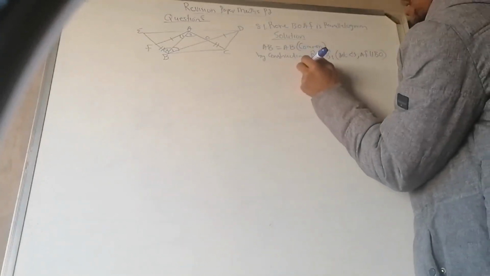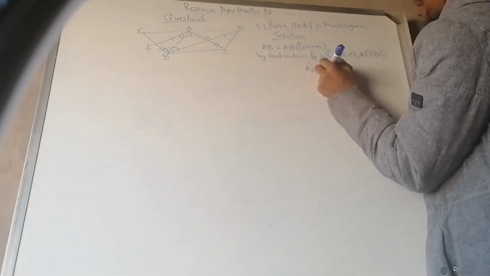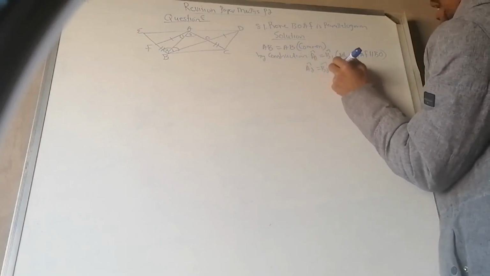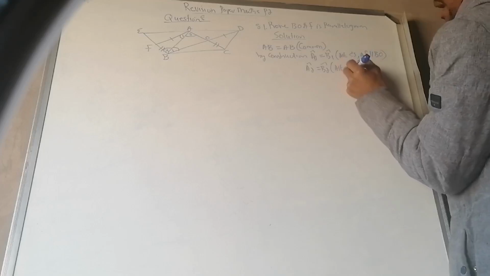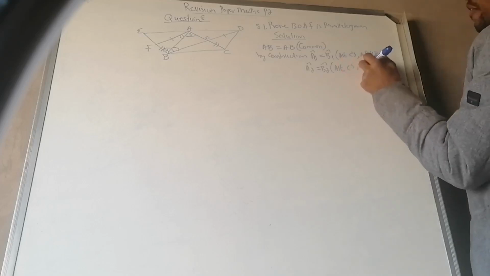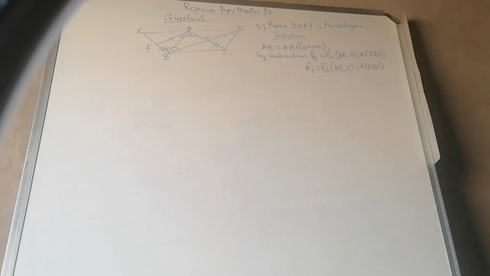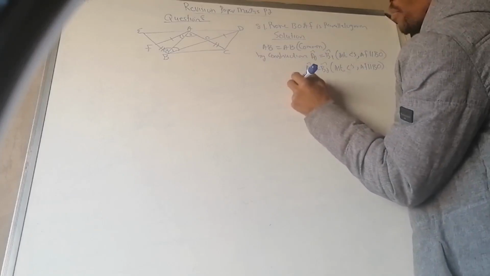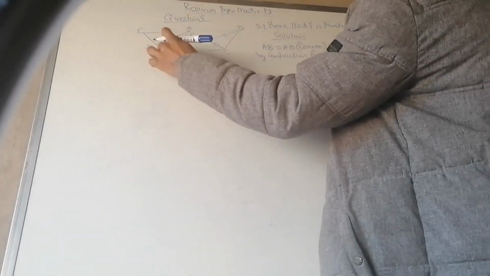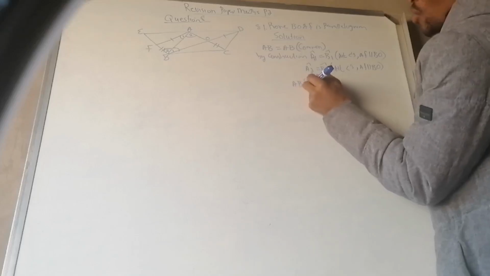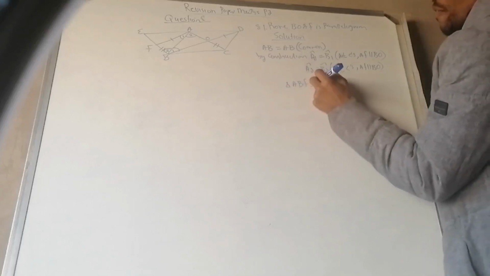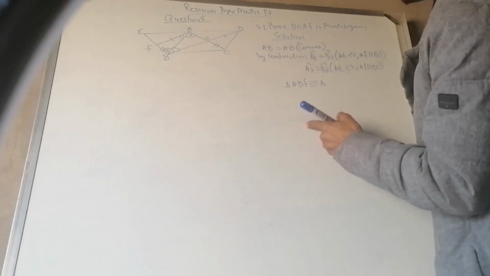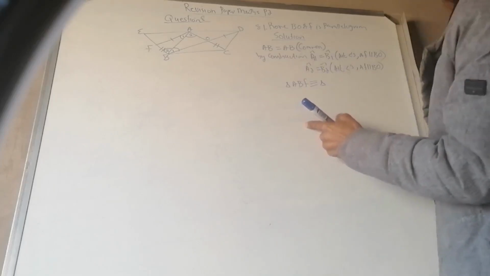They are alternating angles because AF is parallel to BO. And then again, triangle ABF is congruent to triangle OAB.